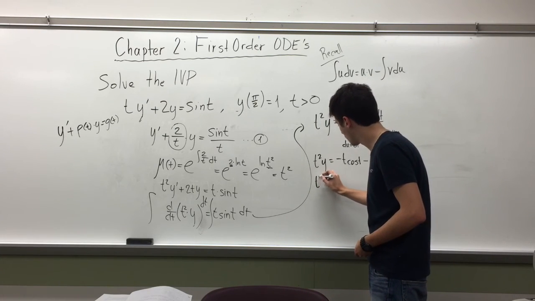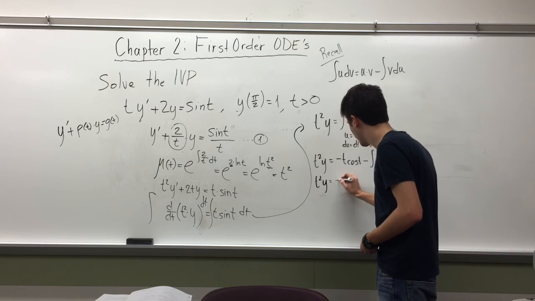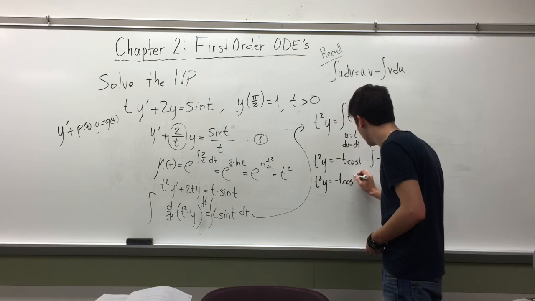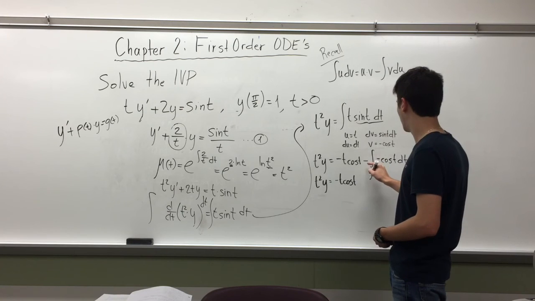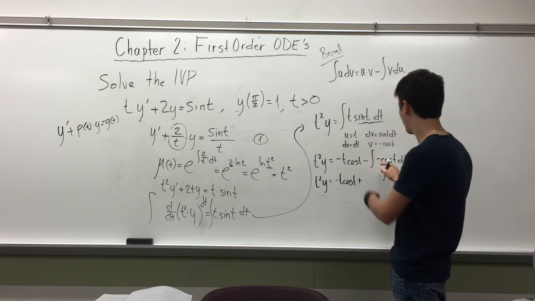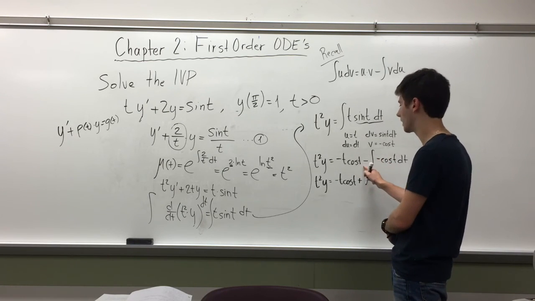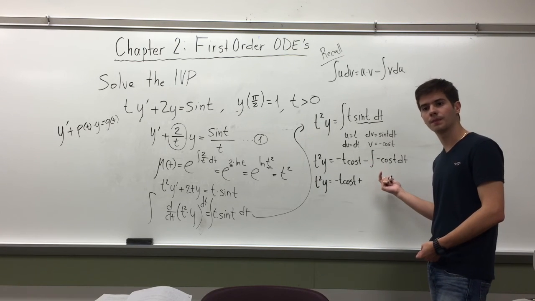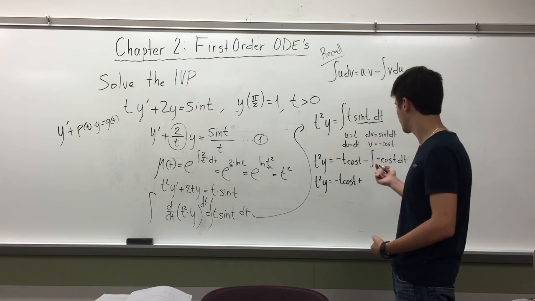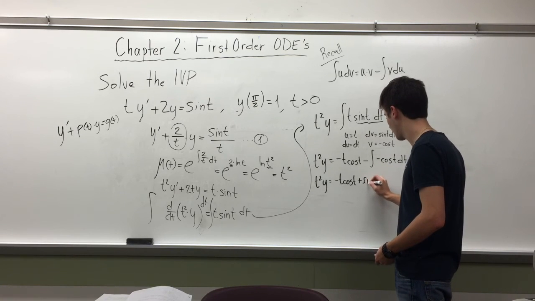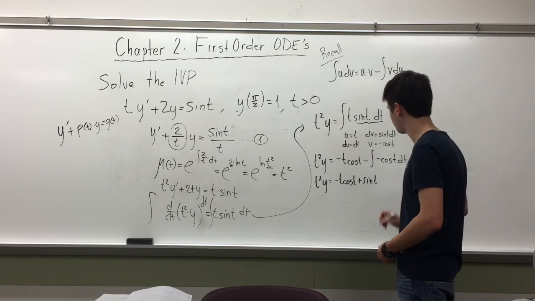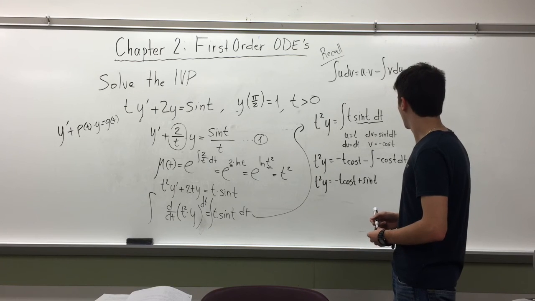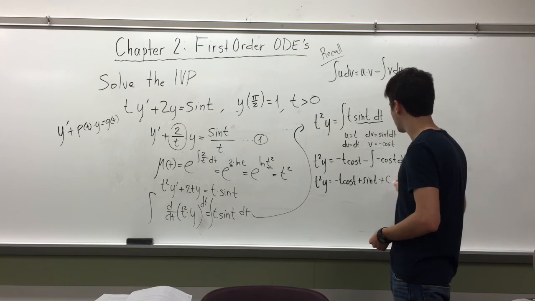So we're going to have t squared y equals negative t cosine of t plus sine of t. And we have a constant as well.